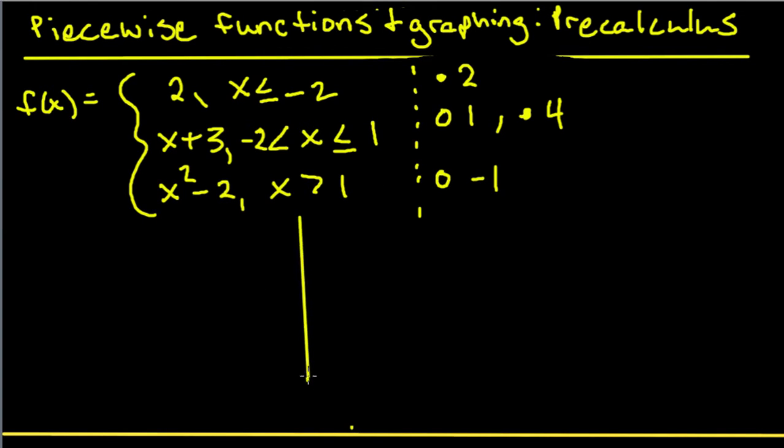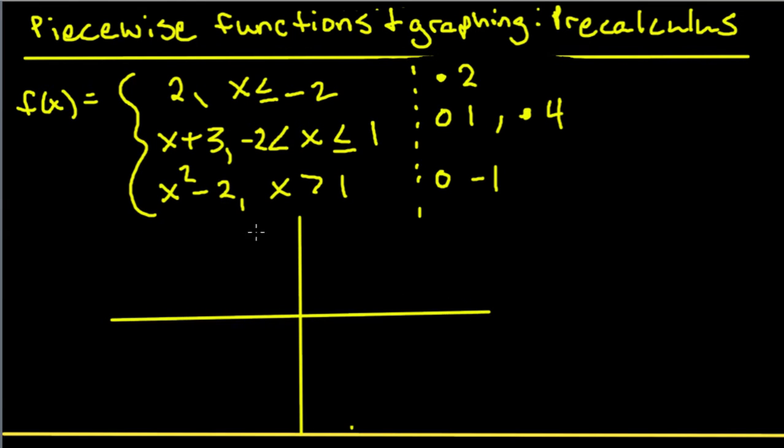So if we draw a graph, let's put some points on it. Okay. So let's go to each of our points. At negative 2, when x equals negative 2, this one gives us 2. So negative 2, 2. And it's a closed dot. Okay. So now we'll be looking at negative 2 again.